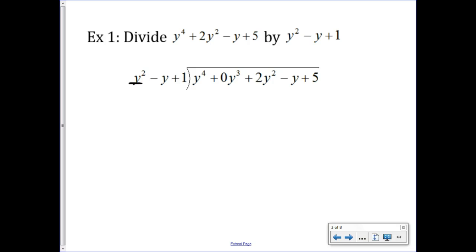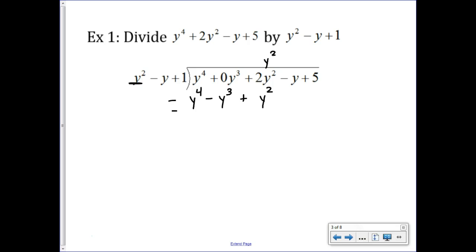Well, we can do y squared times y squared to get to y to the 4th. So y squared would go up here. So y squared times y squared then gives you y to the 4th. And then we're going to do y squared times negative y, or minus y, so we get minus y to the 3rd. And then we have y squared times 1, so we get positive 1y squared.